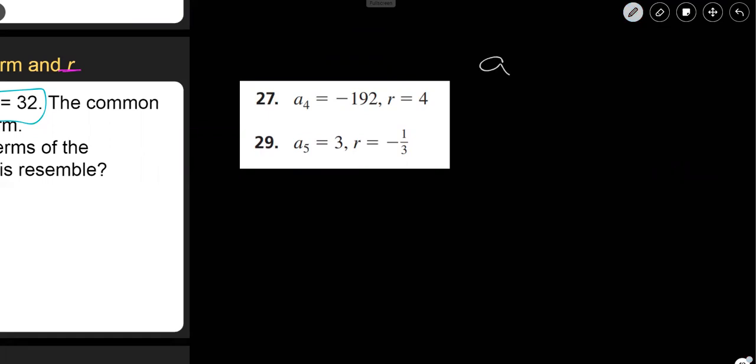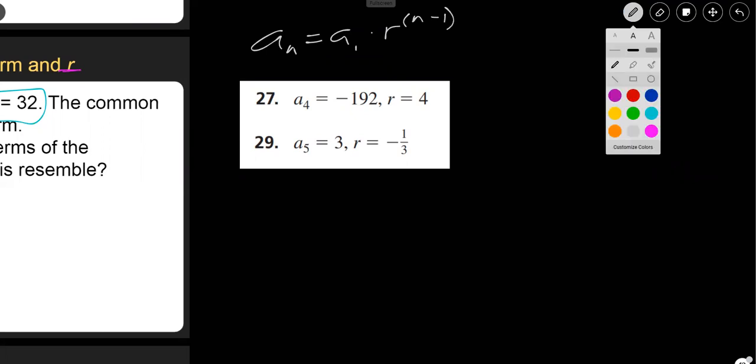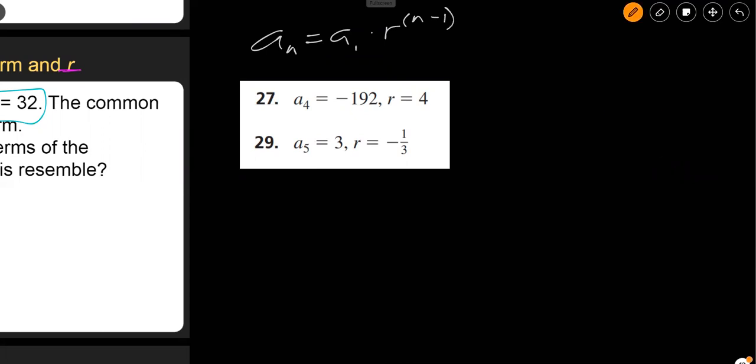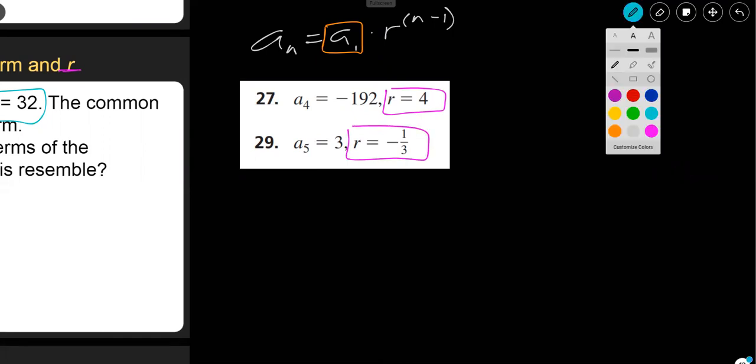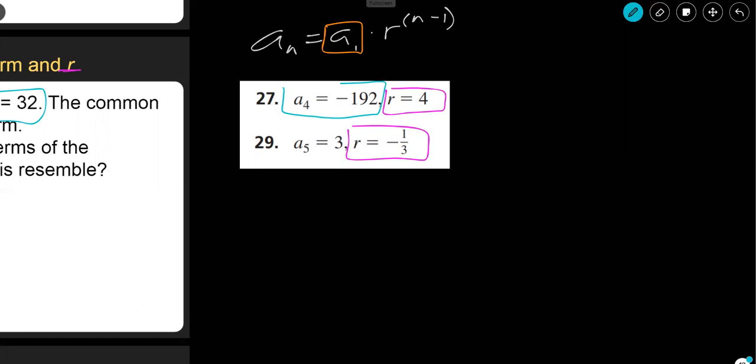So in this situation, remember, let me write this over here. Our equation is a_n equals a1 times r to the n minus 1 power. Well, all I need is to find a1. That's the thing I don't know, but I do know my r value. So I can plug in the value that's given to me, this extra value, and that's going to help me replace this a_n and the n value.